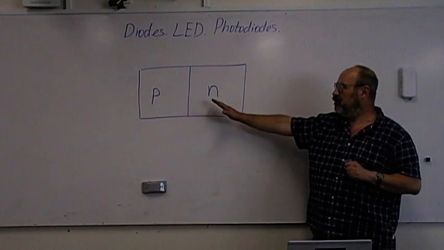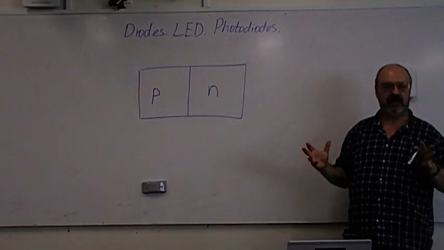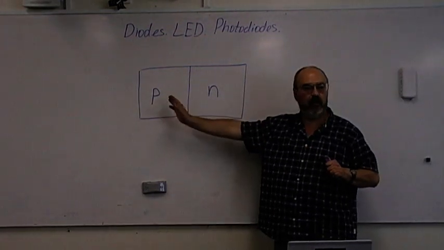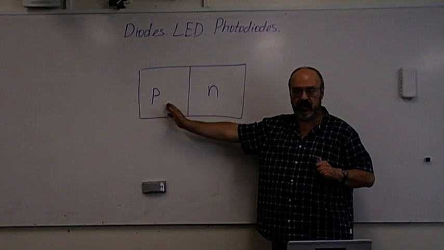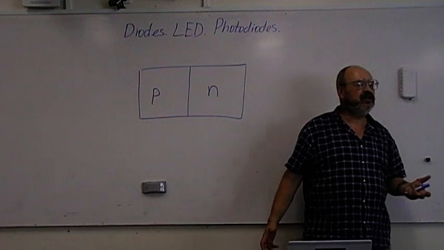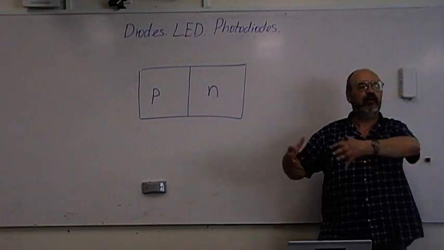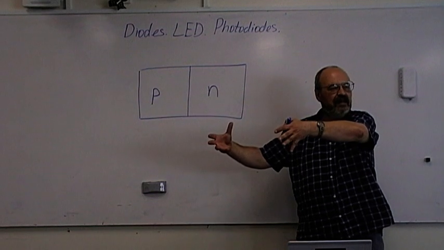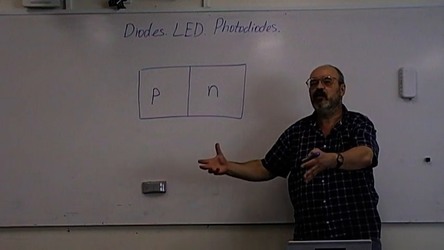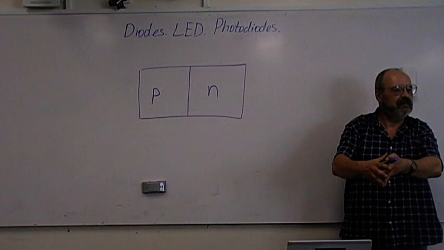So here we have some free electrons, not that many as in a metal, but we have some. Here we have some free holes, positive charges. And in nature, processes happen such that when there is a lot of something in one place and the place next to it has a small amount of it, then things move from where there is a lot to where there is not much.